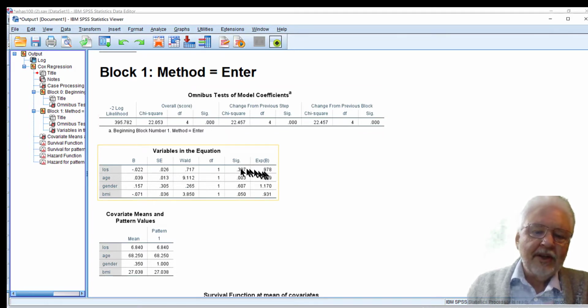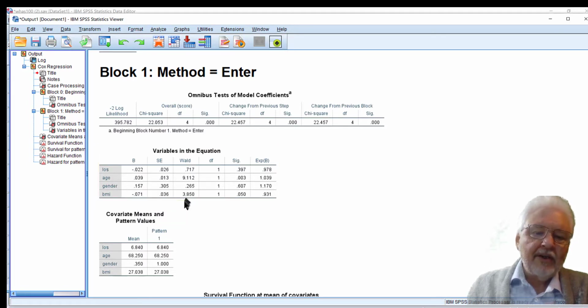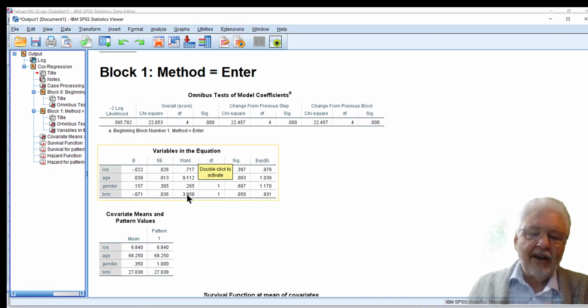Our variables in the equation, we can look down here and we see that there is age and BMI. We have our regression weights over here. If we wanted to rank order on importance, we would see that the Wald statistic is greatest for age and next greatest for BMI.